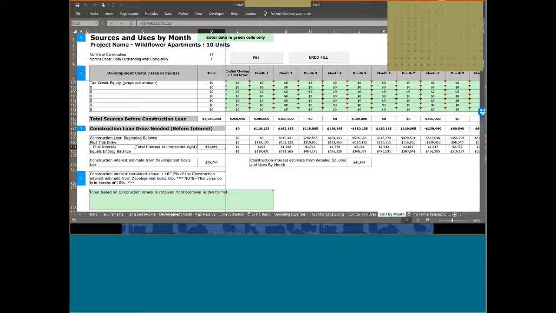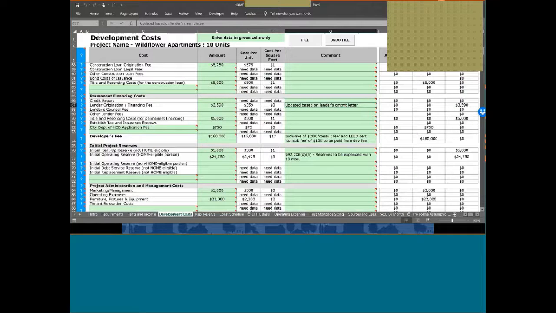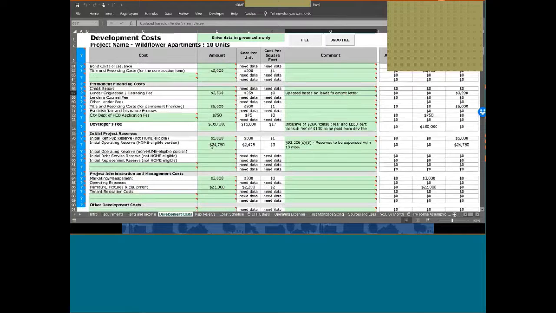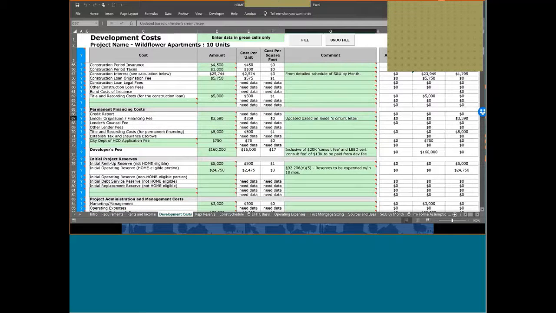So we go back to development costs, and we go to cell B57, and we say instead of the $25,744, we want that number to be $41,896.